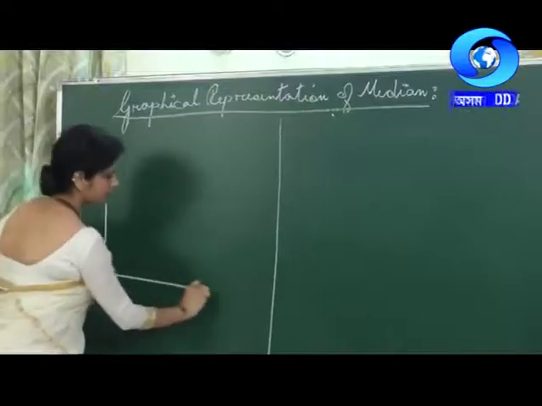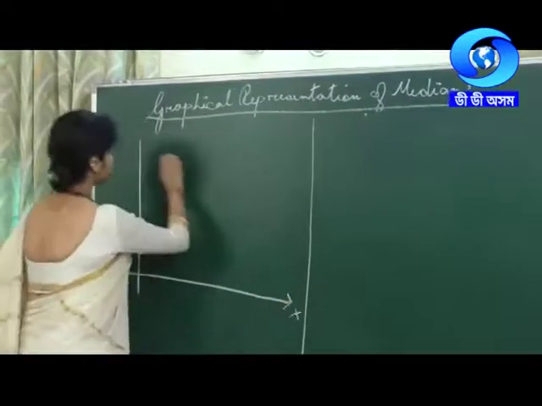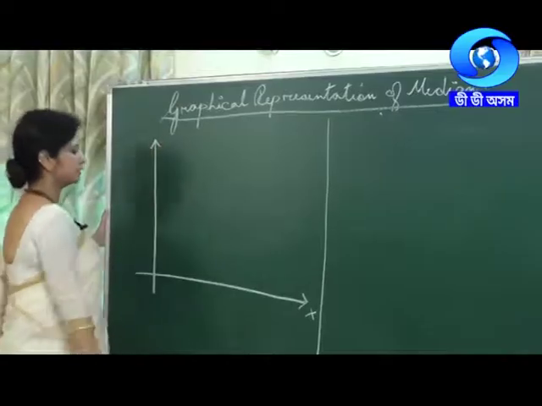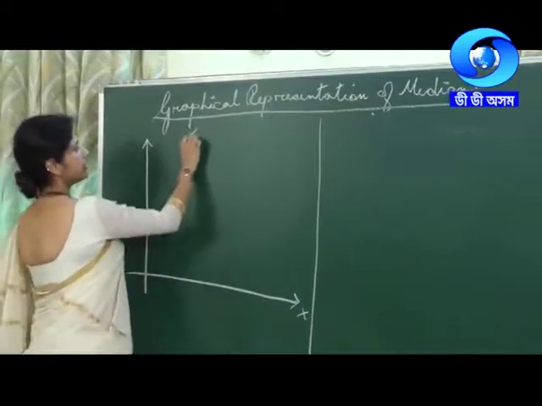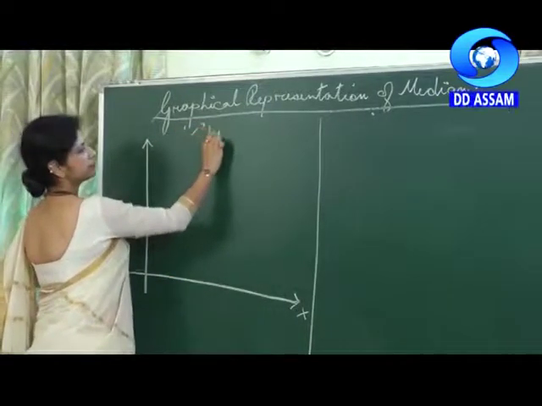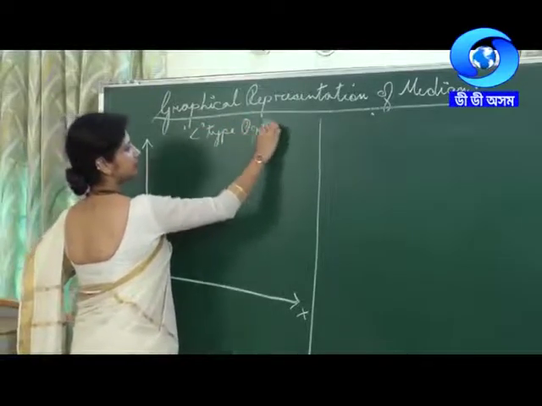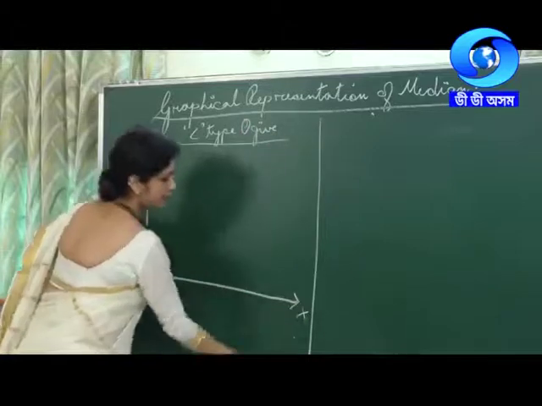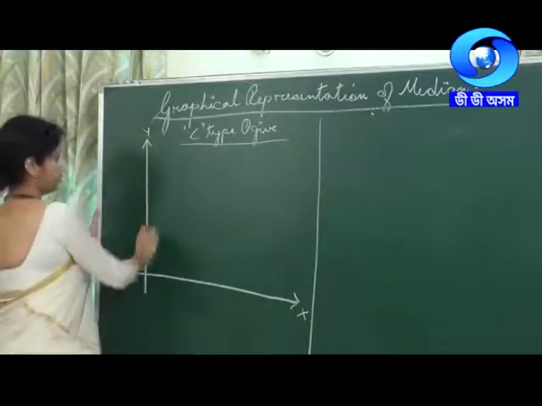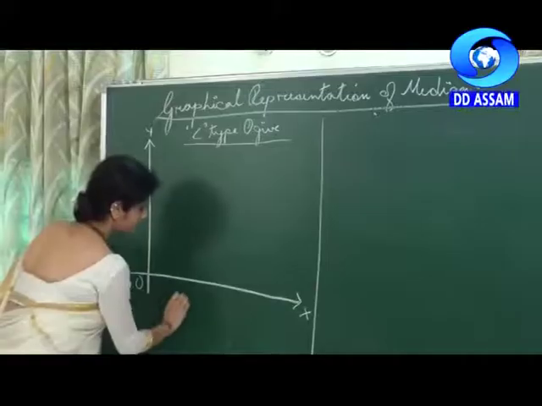So I think you know how to draw an Ogive. Yes? So if we want to draw the less than type Ogive, on the x-axis, we shall plot the upper class limits.